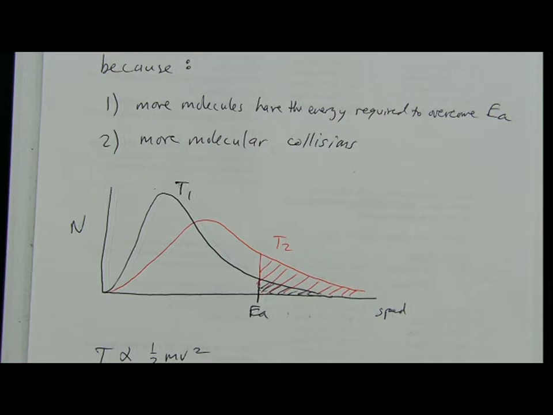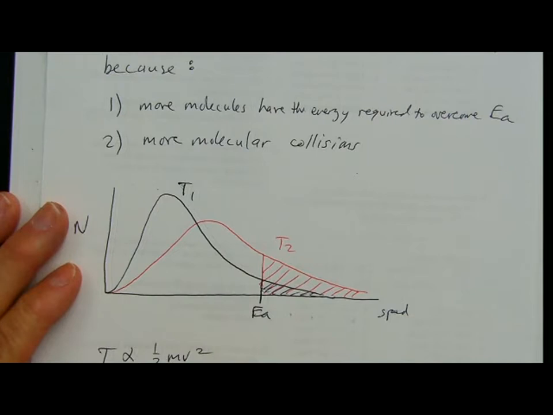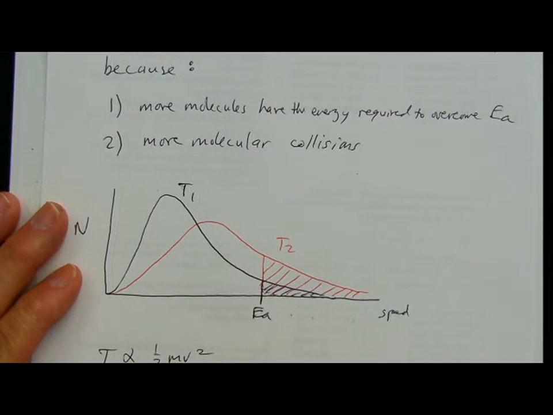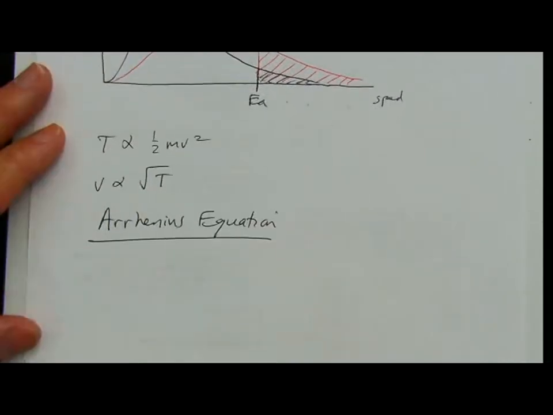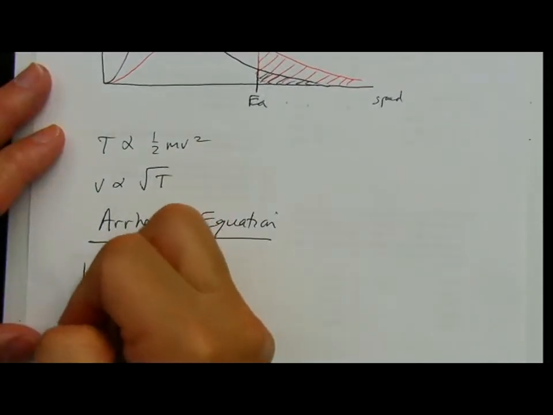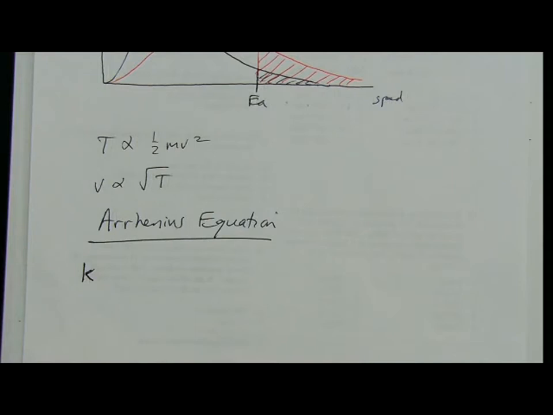All right, so there is actually a numerical expression that we can use called the Arrhenius Equation. The Arrhenius Equation is a relationship involving the rate constant.